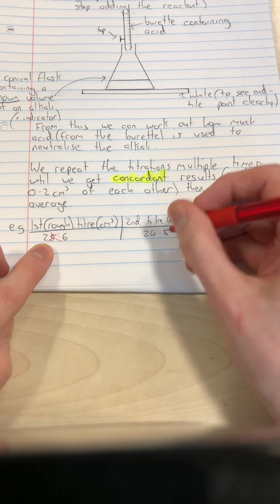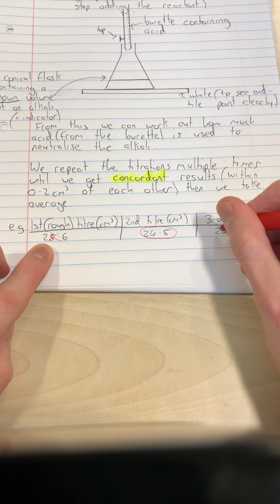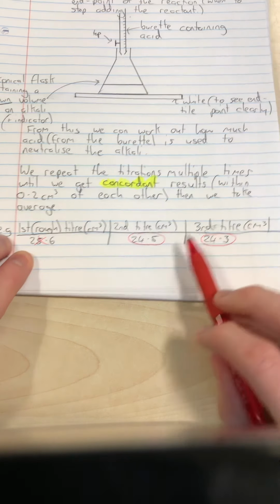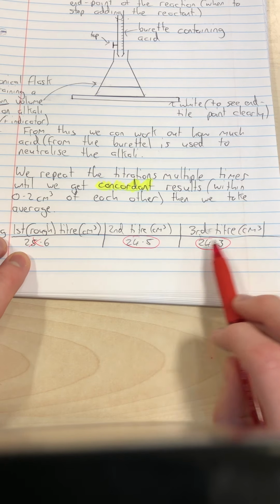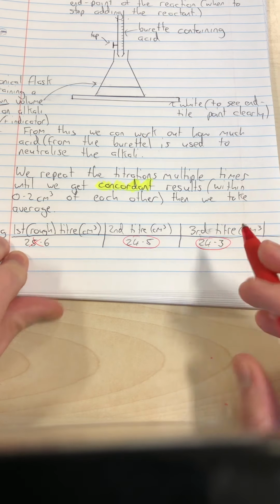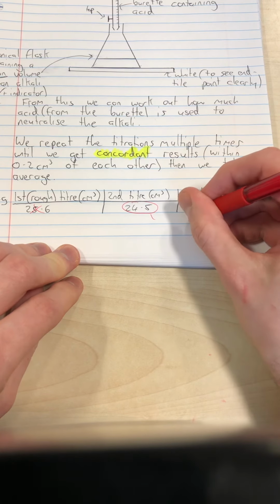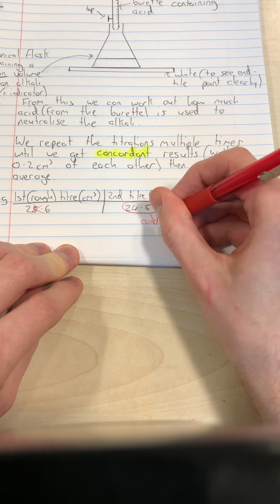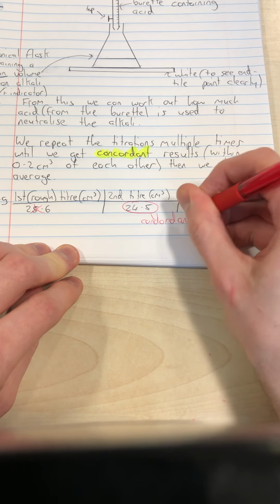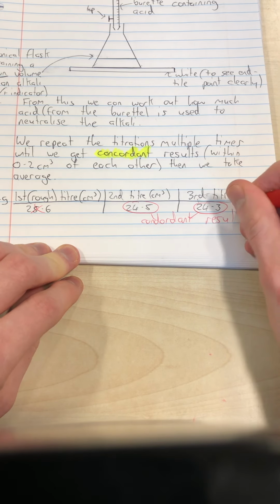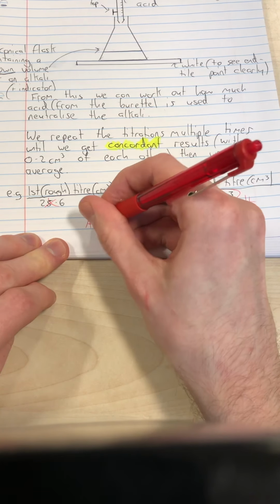The two concordant results are 24.5 and 24.3 because they are within 0.2 of each other. So we take an average of them.